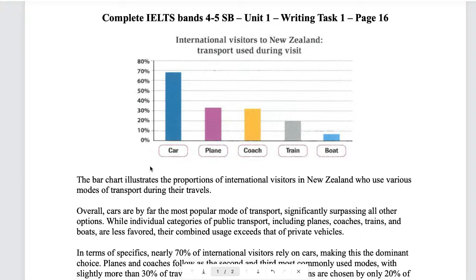No, we don't write the pie chart. This is not a pie chart. This is a bar chart. B-A-R, the bar chart. Illustrates, but you need to put S there because here we only have one chart. The bar chart illustrates what?